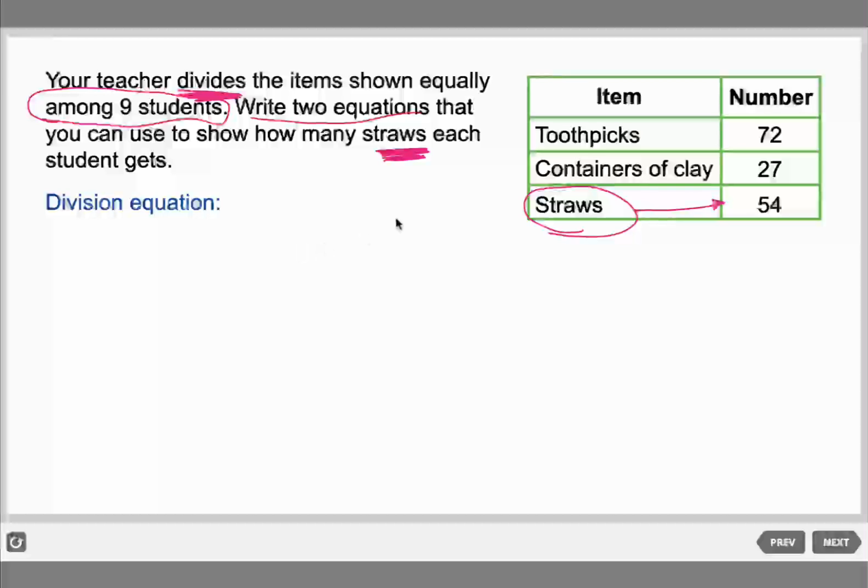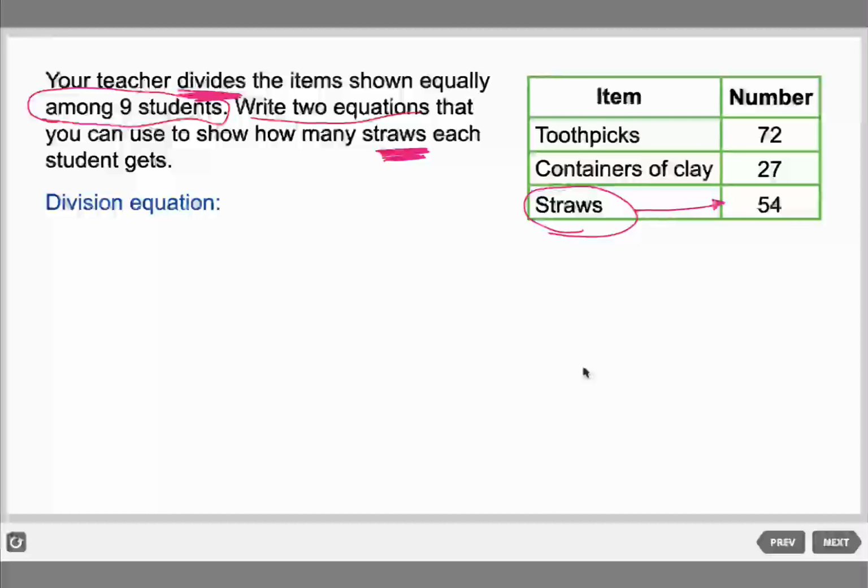54 divided by 27. Oh, no, why? No, I mean 72. No. The total number of straws. I mean 9. Okay, and what is 54 divided by 9? I'm confused. What is 54 divided by 9? 7.